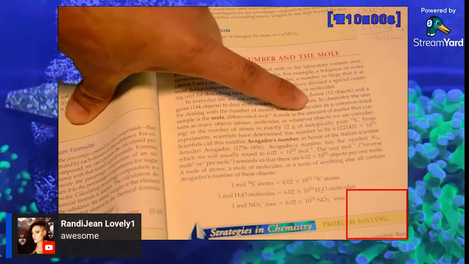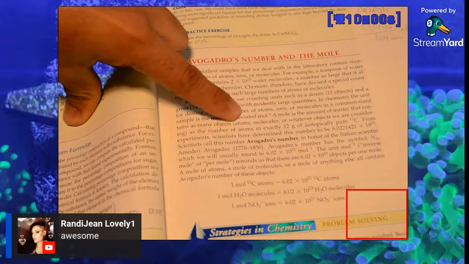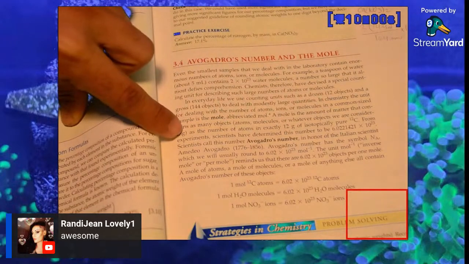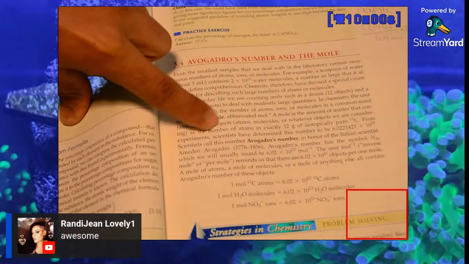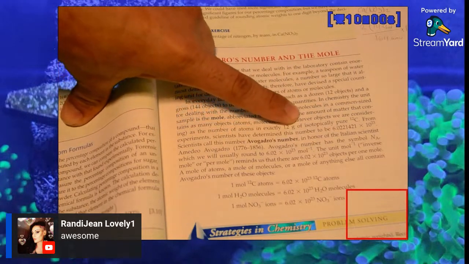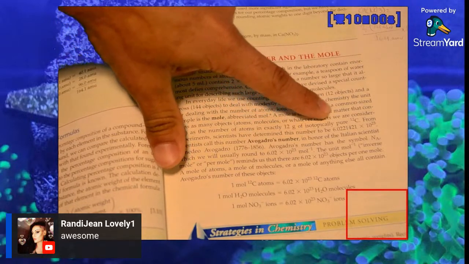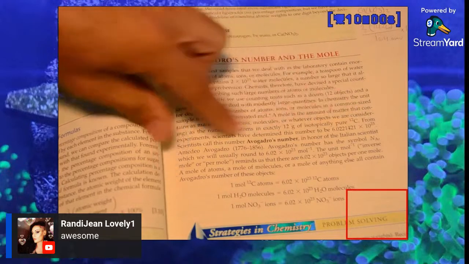A mole is the amount of matter that contains as many objects, atoms, molecules, or whatever objects we are considering, as the number of atoms in exactly 12 grams of isotopically pure carbon-12.